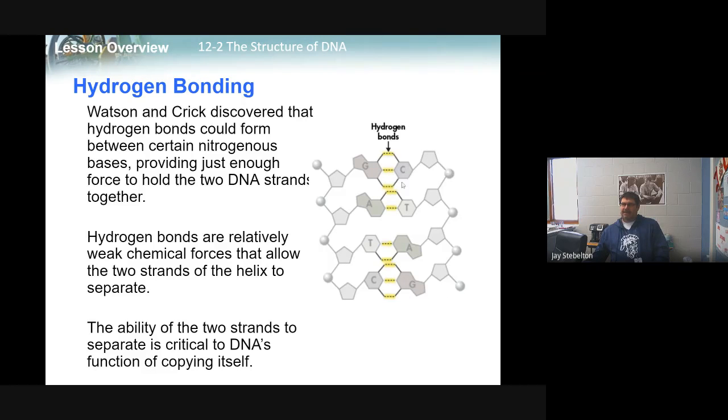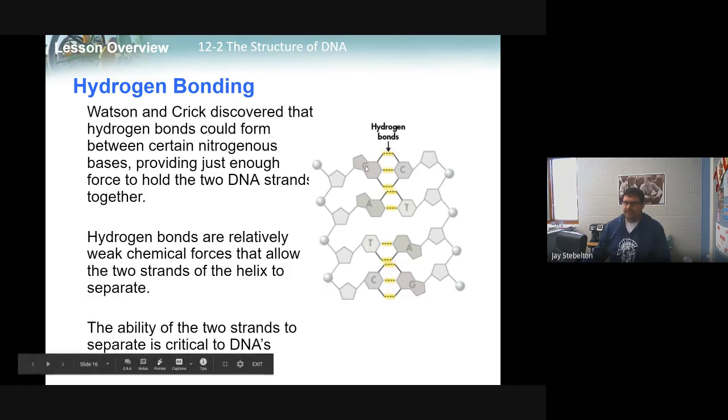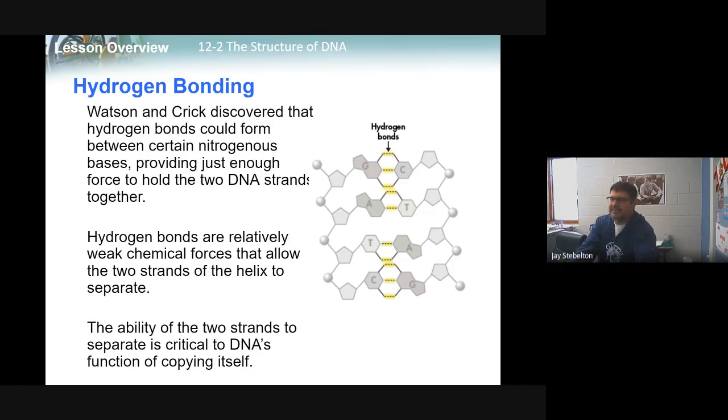So the other side of the ladder is the complement to the first side: C, T, A, and G. If I gave you C, C, C, C, and asked what's the complement to that, you should be able to tell me G, G, G, G. Because C always pairs with G, and A always pairs with T. If I gave you AACC for one side of the DNA, the complement to AACC would be TTGG. So that's how the complementary base pairs work.